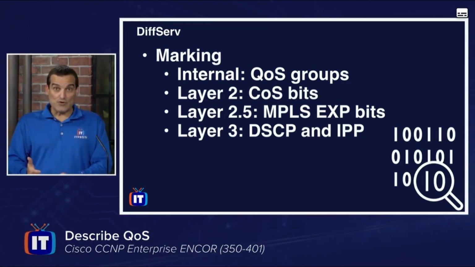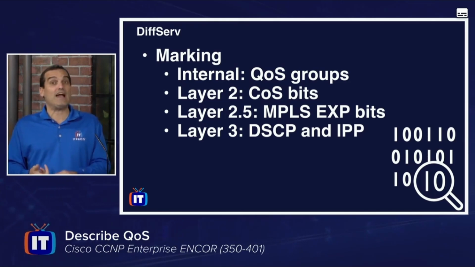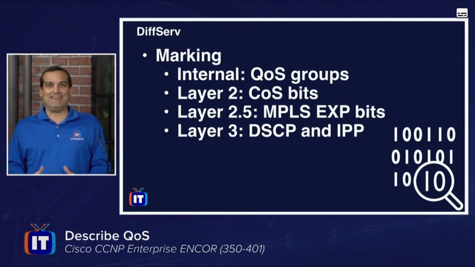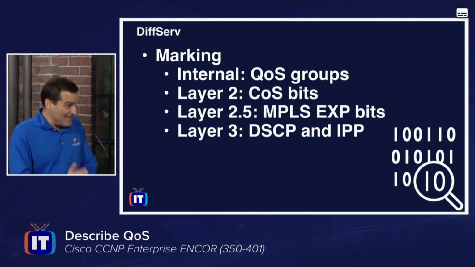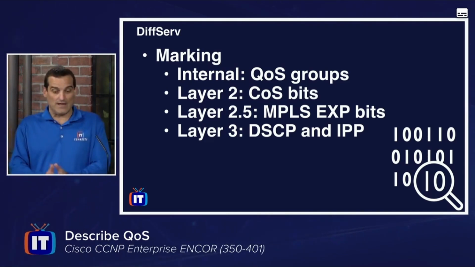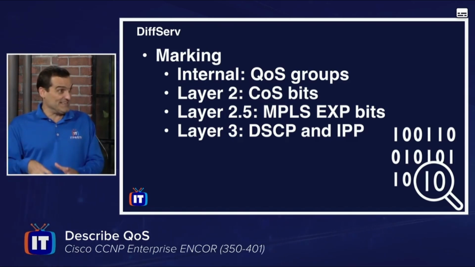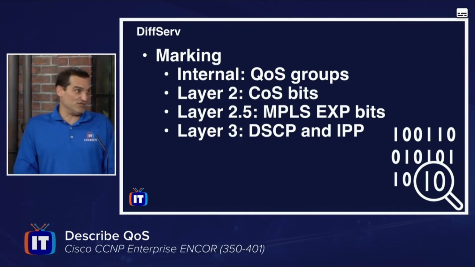So we have QoS groups, we have class of service at layer 2, we have the MPLS experimental bits at layer 2.5, and then we have IP precedence or DSCP at layer 3. What this means is it doesn't matter what layer you're working at in the OSI, Ronnie, you have the ability to mark traffic to signify what classification it has.